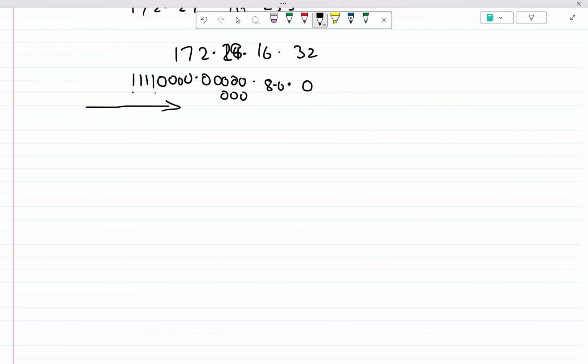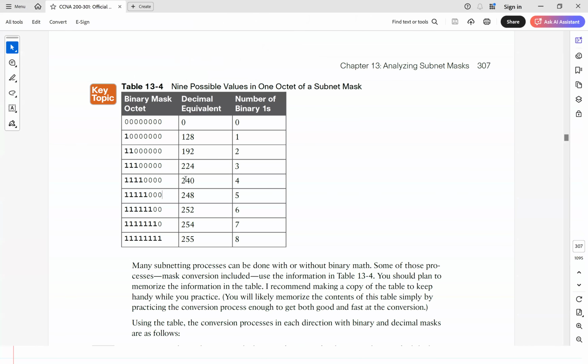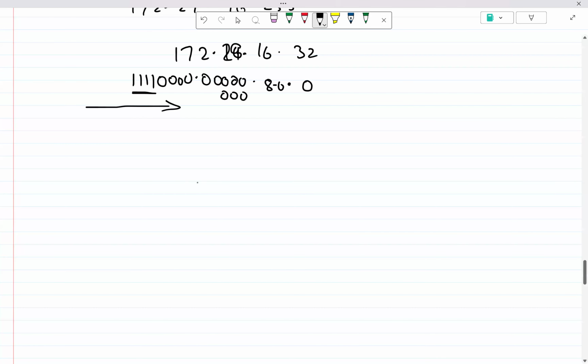So if you have 4 ones, that is 240. Okay, so you may have 172.28.16.32, and the address mask is 240.0.0.0.